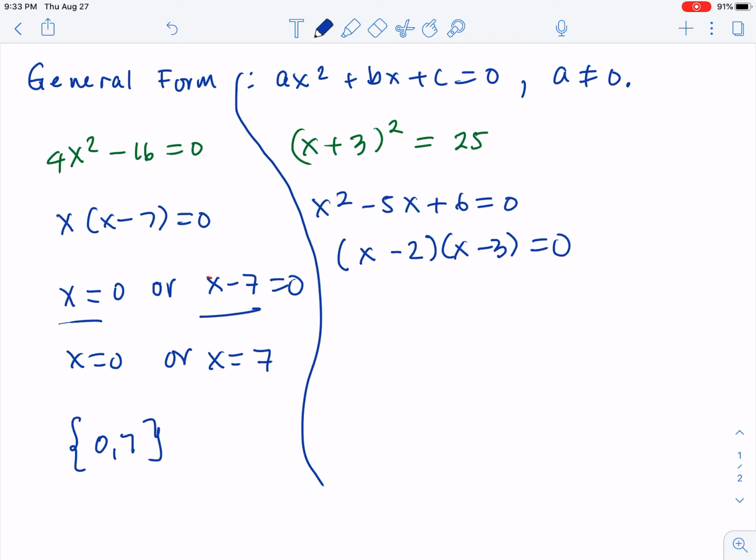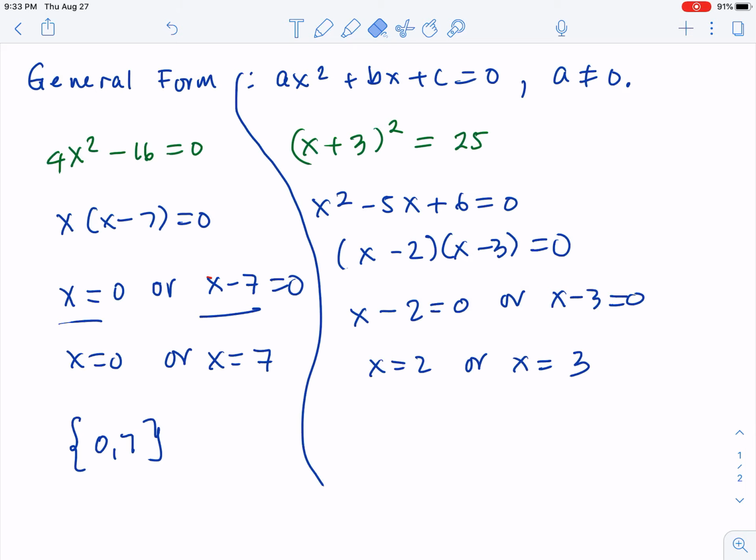Meaning, x minus 2 is equal to 0 or x minus 3 is equal to 0. Solving the equation, we have x equals 2 or x equals 3.